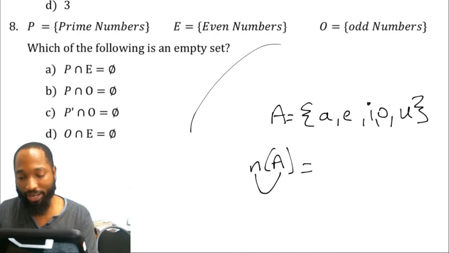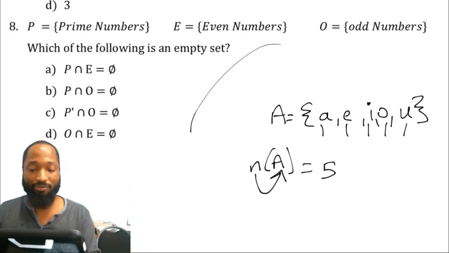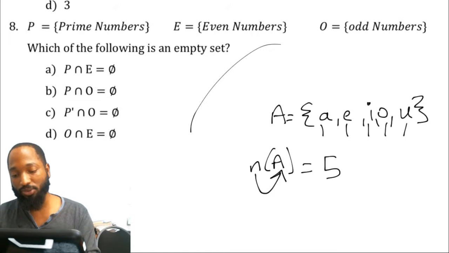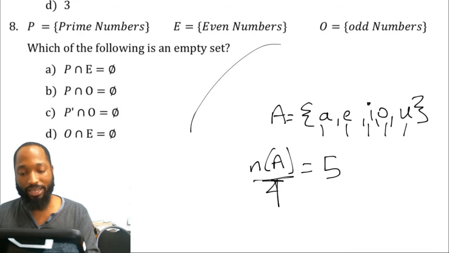They're asking you how many items are there in A: 1, 2, 3, 4, 5. So you put 5, and sometimes 6 when Y gets included. So you understand that? This means the number of items. So don't get tricked with that.